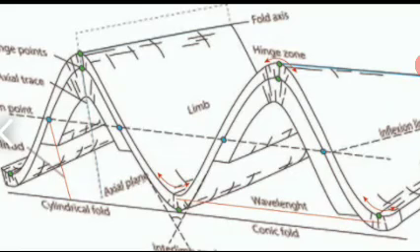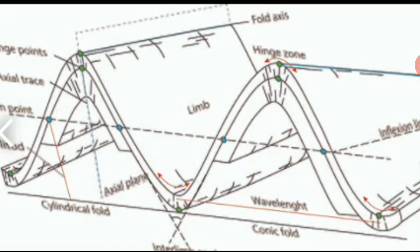And limbs are the sloping sides or flanks of the fold from crest to trough. From crest to trough means crest is the highest point, trough is the lowest point. From highest to lowest, the layers are called limbs.